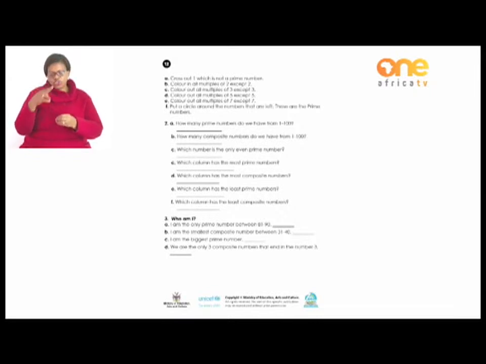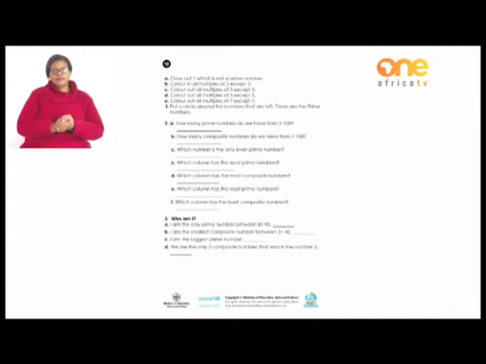And then C, color out or color in all the multiples of 3 except 3. And then D, it also says color out all the multiples of 5 except 5. And then E, color out all the multiples of 7 except 7.